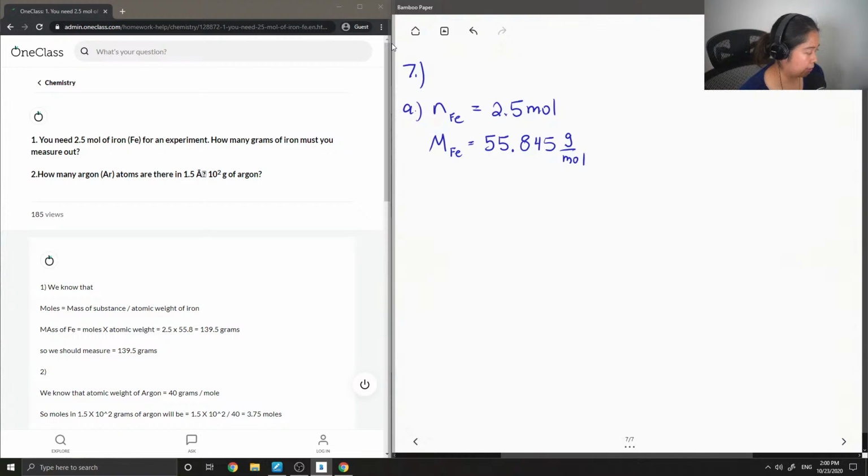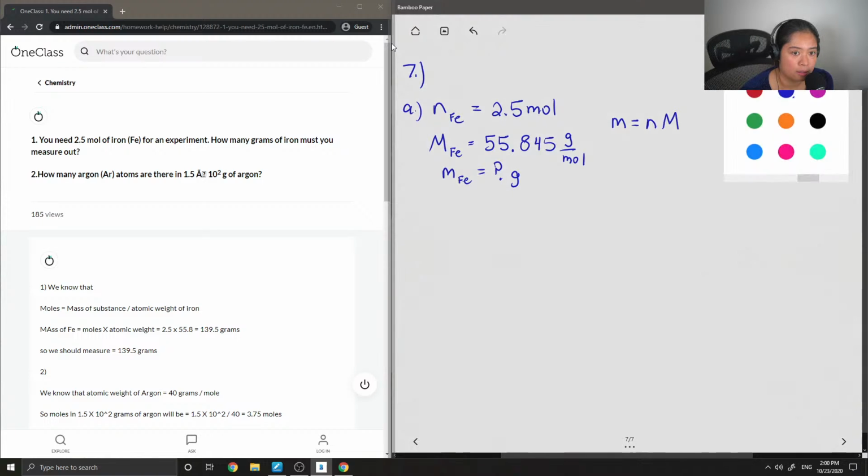And the equation that we need to use to solve this in order to find the mass of iron in grams is actually pretty simple. You would just use the equation M equals the number of moles times the molar mass.